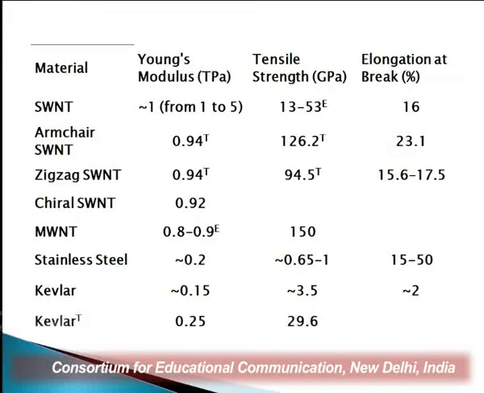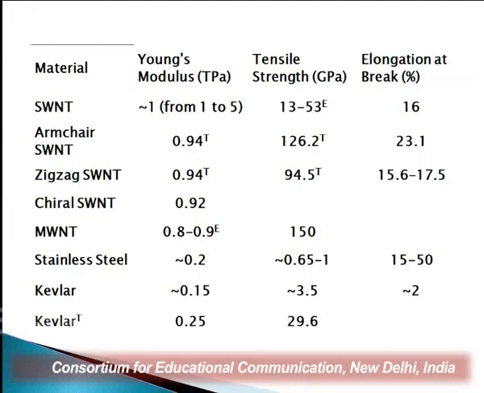This is the table of the material. On the left-hand side we have the various forms of carbon nanotubes: SWNT armchair, SWNT zigzag, SWNT chiral, and multi-wall carbon nanotubes. Compared to stainless steel, it has a high Young's modulus, and the tensile strength is also greater in carbon nanotubes. The table gives the various strength parameters.